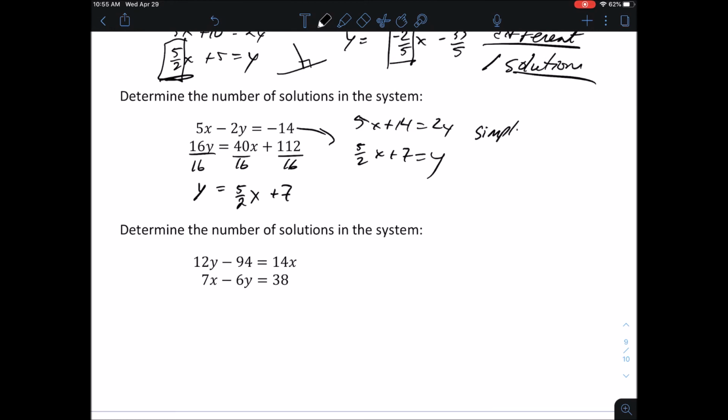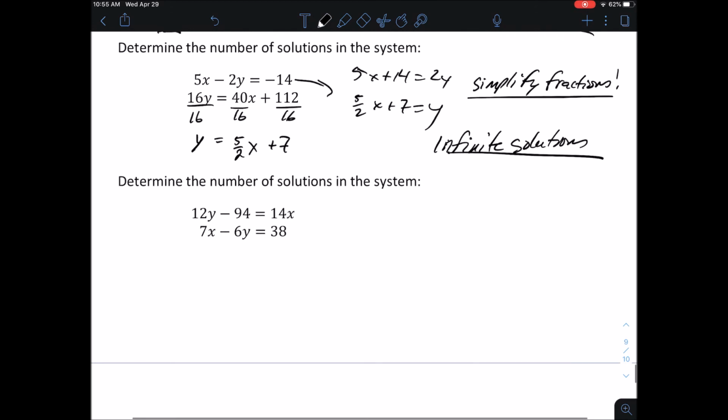That's also 5 over 2. And 112 divided by 16 is 7. So remember, here we have to simplify fractions to make sure that they're the same. So slope is the same, intercept is the same. Here we'll have infinite solutions.